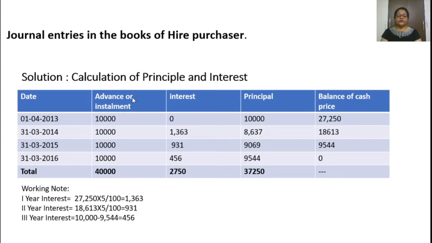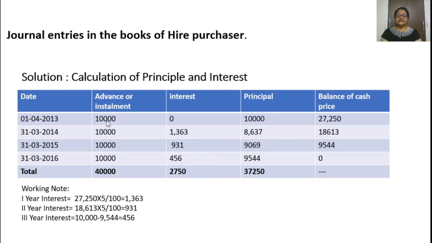You write it in installments because the cash price given was 37,250. If you add this total, it is 40,000, which means it is inclusive of interest. Once you have written this, you go with the calculation part.